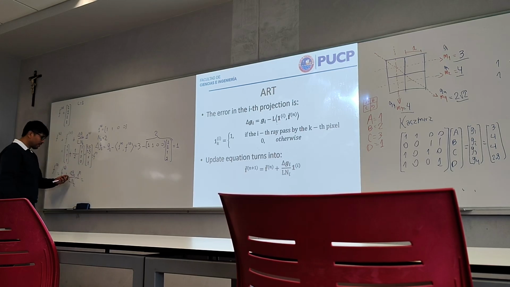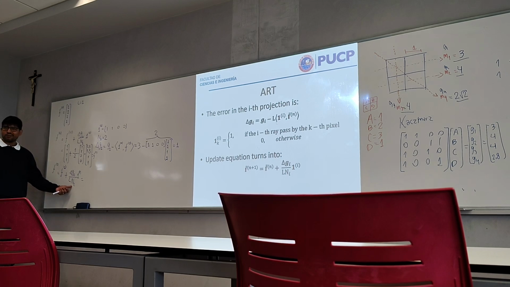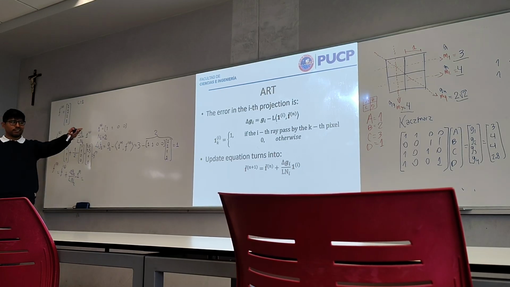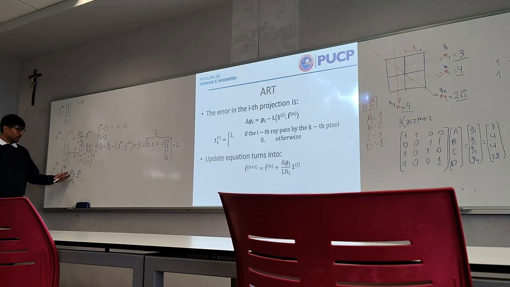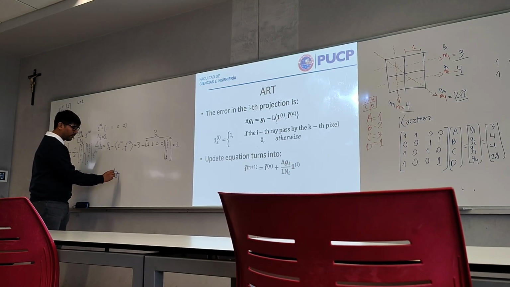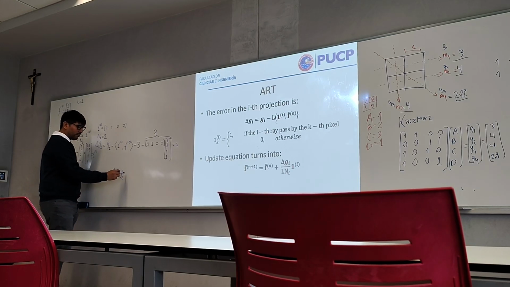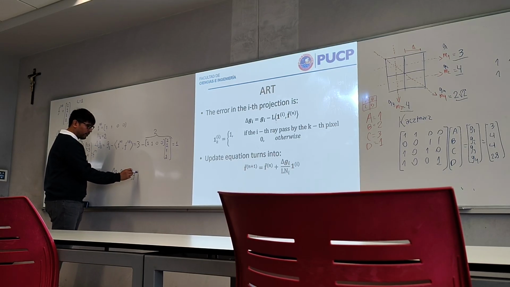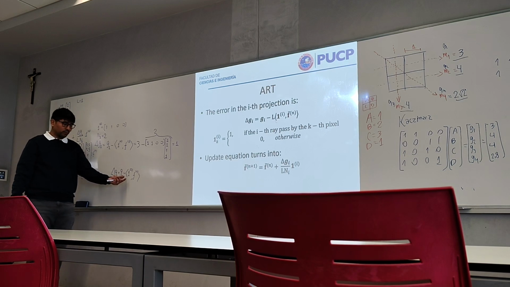So let's try to calculate it. L is 1, and N2 is how much? 2. The vector of ones for the second ray is 0, 0, 1, 1. Delta G2, how much? Maybe we can write it this time. It is going to be the transpose of the vector of ones, the product with the current solution.